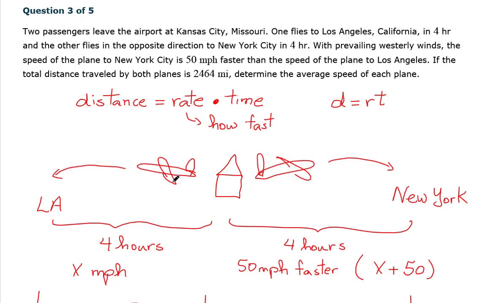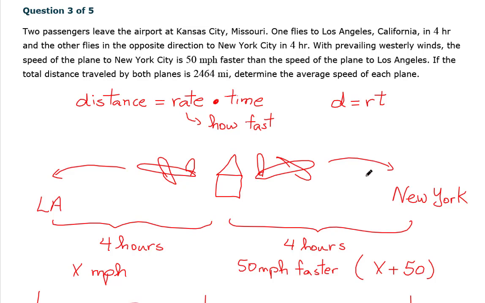So what's going on in our problem? We have an airport. An airplane flies toward LA, and it takes 4 hours to do that. An airplane leaving that same airport flies to New York, and it takes 4 hours to get there. Okay, so I have a length of time. So I've got the T. What about how fast?